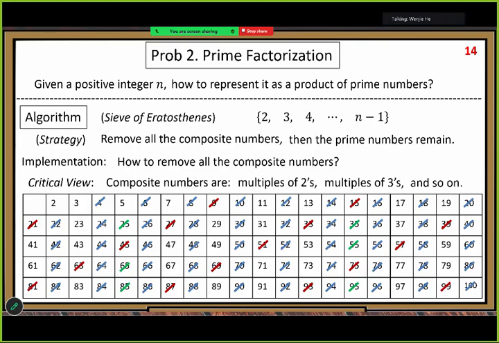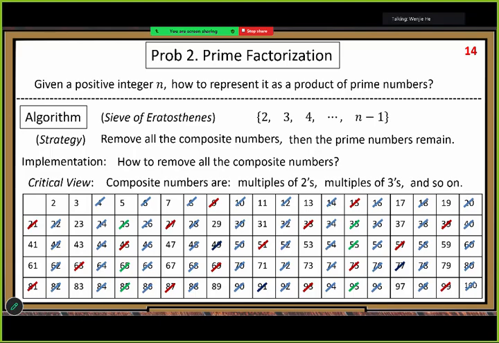Fourth round, multiples of 7, but the starting point is 7 squared, 49. That's the first one to cross out for the fourth round.